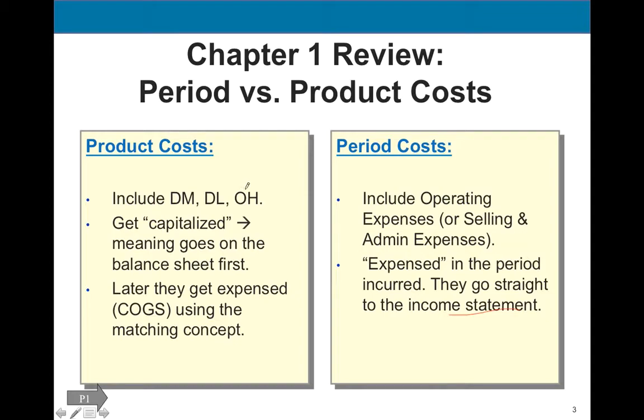So the question is really about variable overhead, which will be the same under both methods, and then there will be fixed overhead. So it's all about where we are going to place fixed overhead. We have two different methods. Under the absorption method, fixed overhead remains part of the product costs.